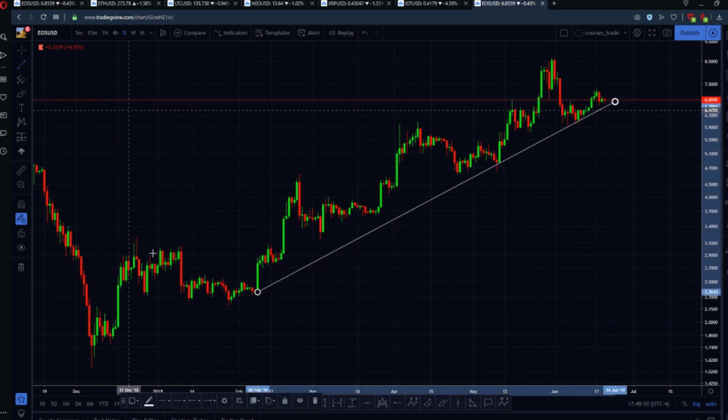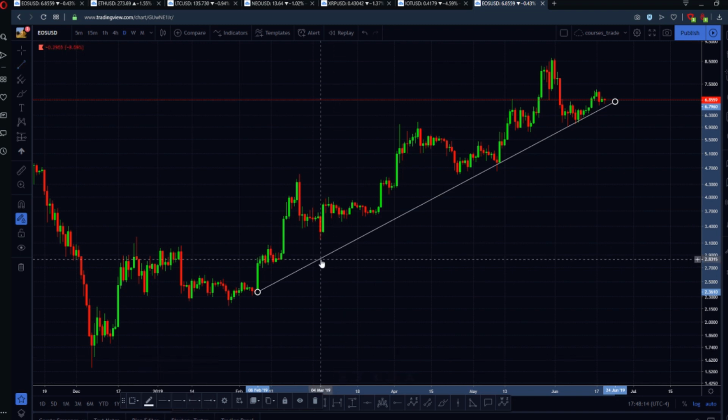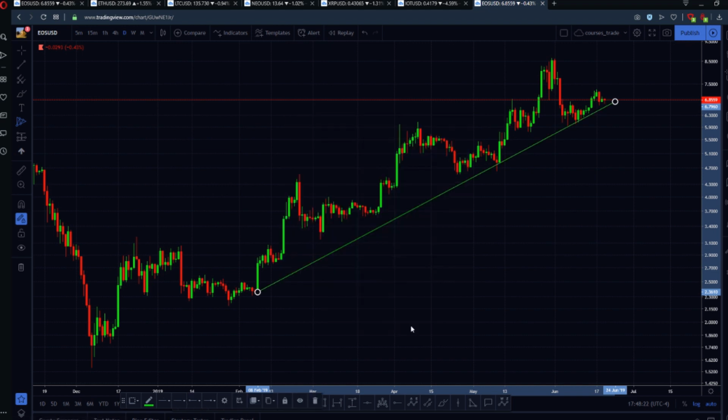Now this must be green, sorry, this must be green. The reason is that's our main time frame, and we use green on our main time frame.